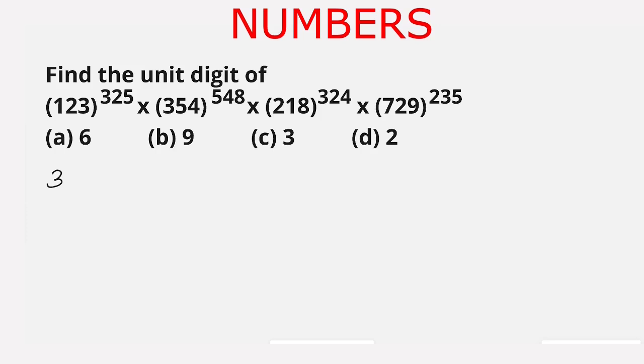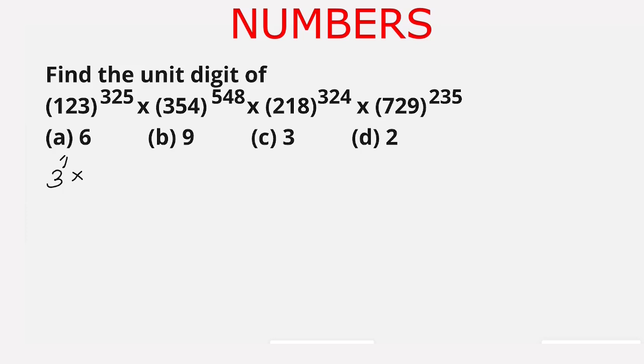So we will divide 325 by 4, and whatever will be the remainder, that will be our power. So 325 when divided by 4, we have only to divide the last two digits. 25 when divided by 4, 6 times 4 is 24, and 25 minus 24 is 1.